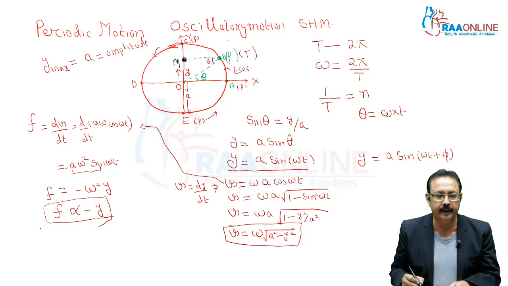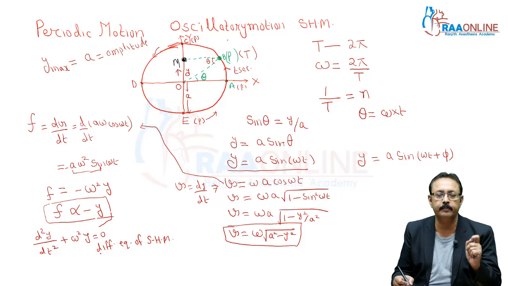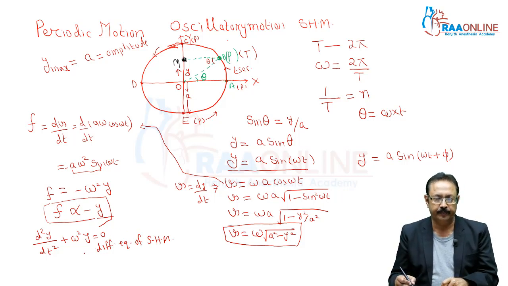And if you write it in this term, F means d2y by dt2, the double differentiation of displacement, taking minus omega square y to this side, it is known as the differential equation of simple harmonic motion.